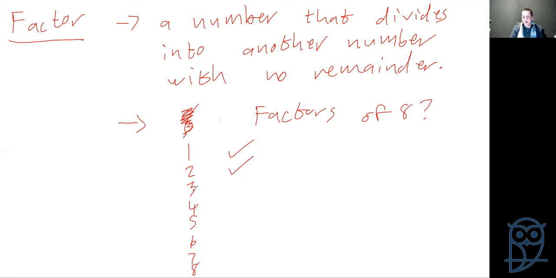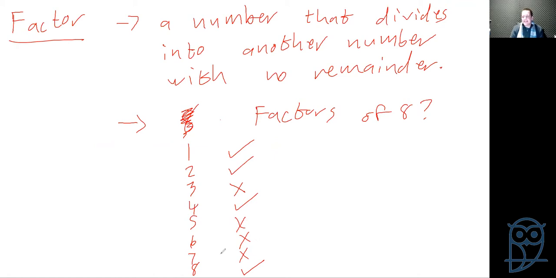Well, 3 has a remainder when it divides into 8, so no, it is not a factor. Is 4 a factor? Does it divide into 8 nicely without a remainder? Yes. What about 5? Well, no, there's a remainder. What about 6? Also a remainder. 7, there's a remainder. And 8 itself does go in. But having to write out every possible number is a huge mission.